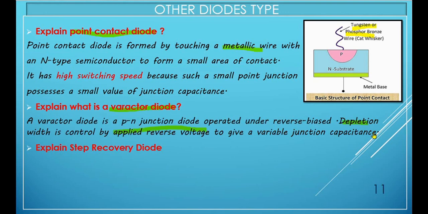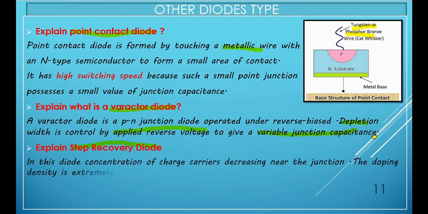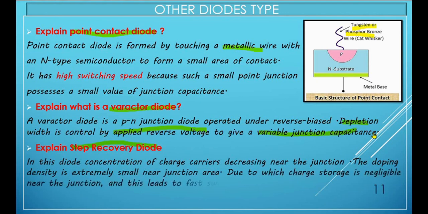So it can be used as a variable junction capacitance. So it is also called a variable capacitor diode. Now next is the step recovery diode. In this diode, the concentration of charge carriers decreases near the junction. The doping density is extremely small near the junction, due to which charge storage is negligible near the junction, and this leads to fast switching of the diode from on to off state.